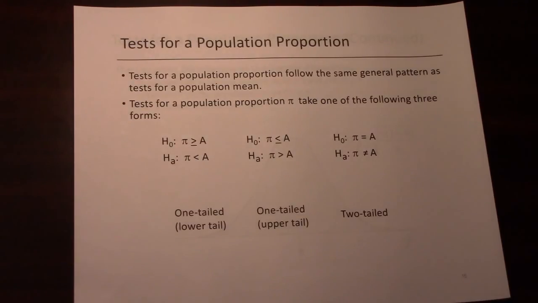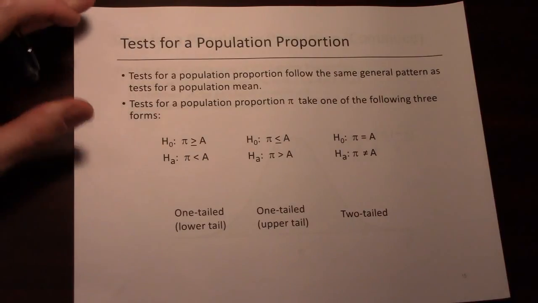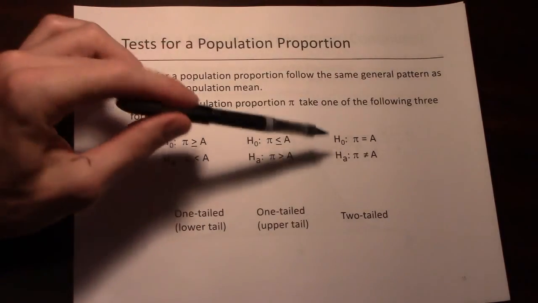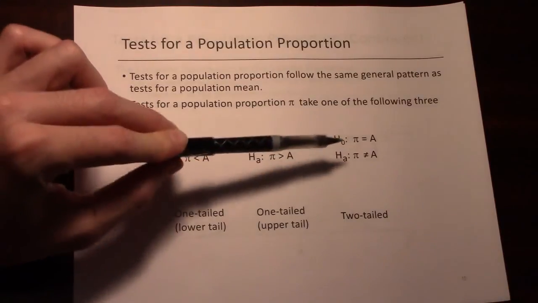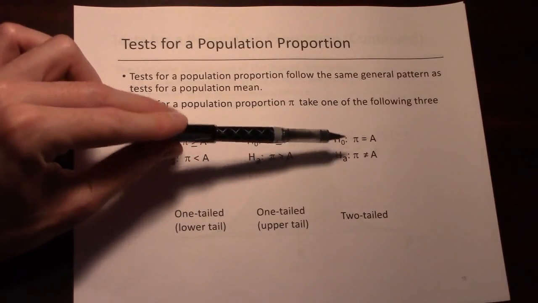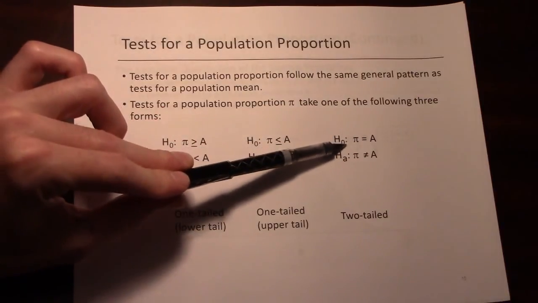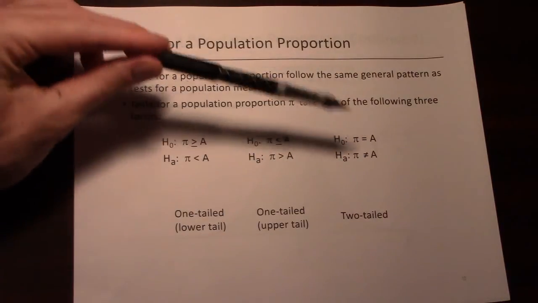Okay, so for the new material for class 5, the first thing we're going to do is a hypothesis test for a population proportion. Let me start with the two-tailed test. This is just like we did with means. Suppose we have a null hypothesis that the population proportion is equal to some amount.